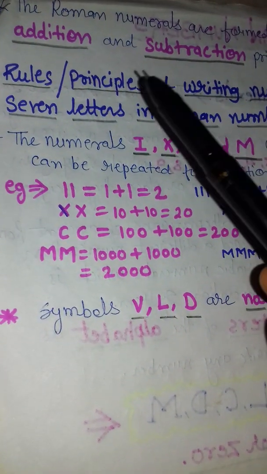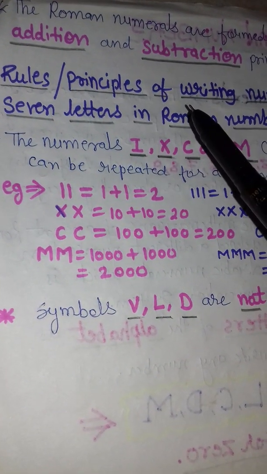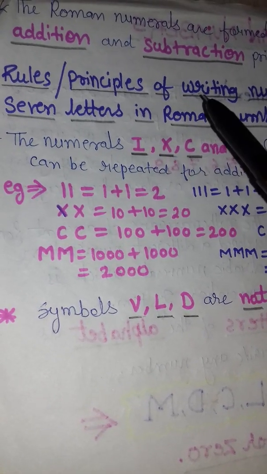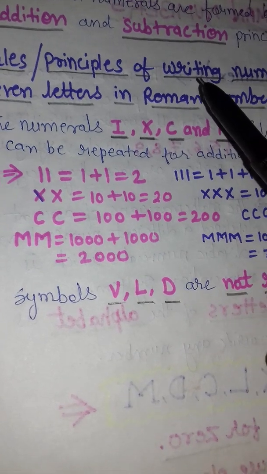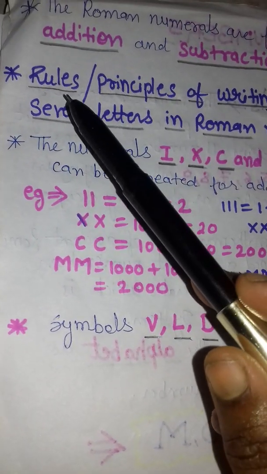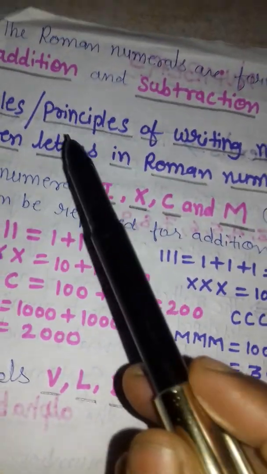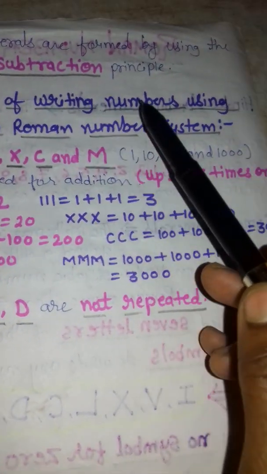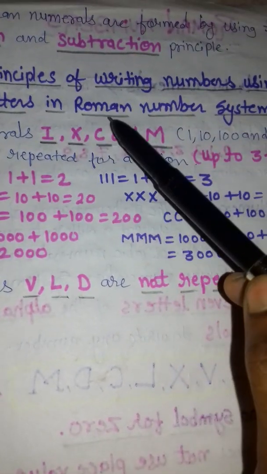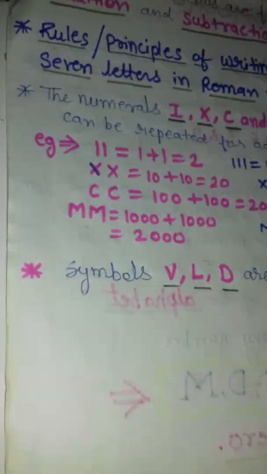So how are we adding or subtracting these symbols? There are some rules for adding and subtracting the symbols in the Roman number system. So let us see the rules, or we can say the principles, of writing numbers using 7 letters in the Roman number system.